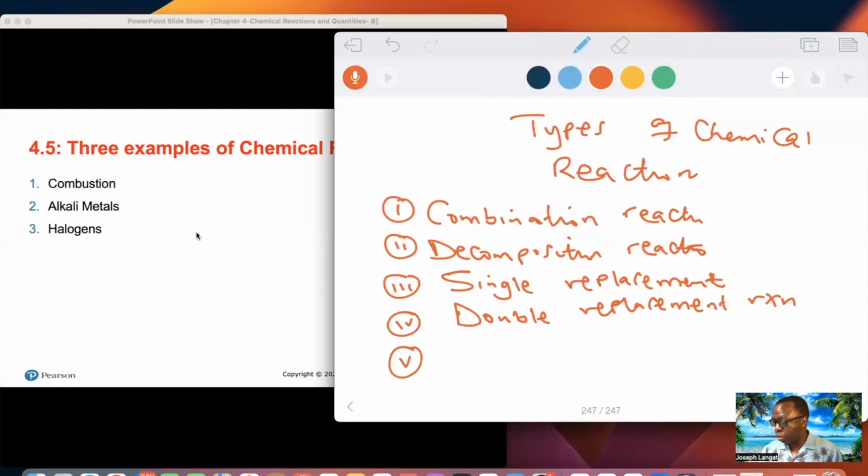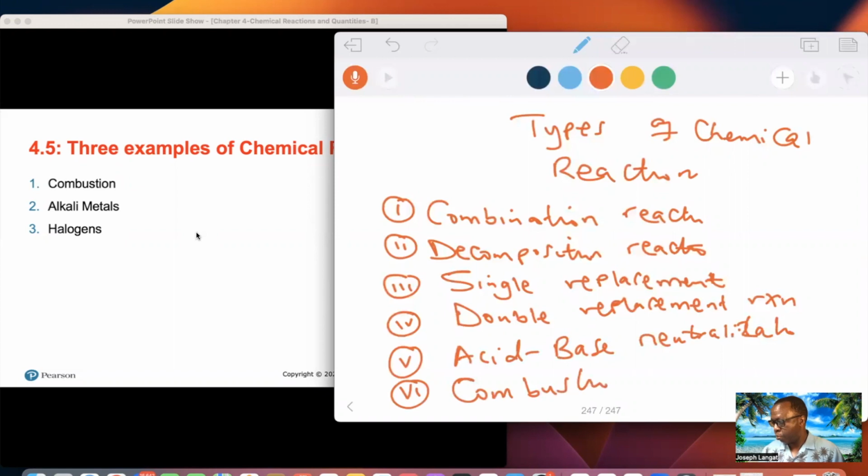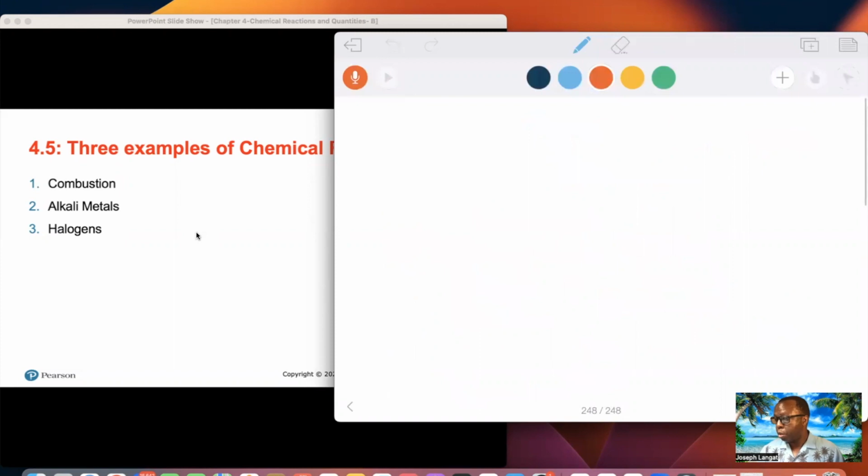There is acid base, you may want to call it acid base neutralization. Combustion, which is burning in oxygen.